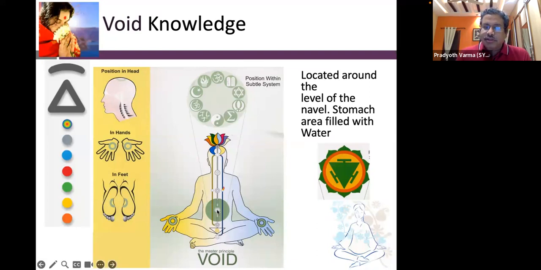Now how is this radius created? It's very interesting to understand that as the Kundalini rises, it first goes to the Nabhi chakra. And out of the Nabhi chakra emerges the Swadhisthana chakra, and then it rotates around the stomach.